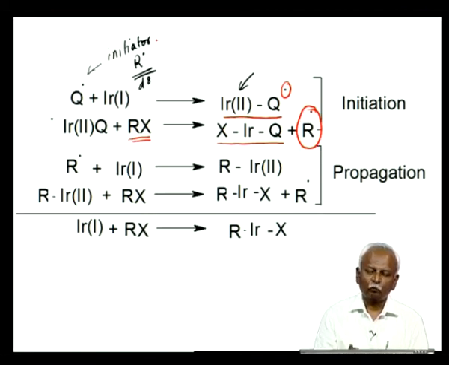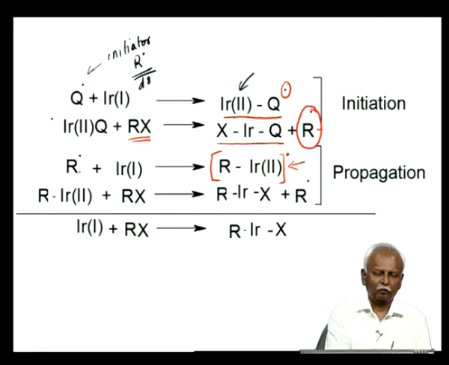So, once you form R dot, then you can write a catalytic cycle, where you would react R dot with iridium 1 to generate the iridium 2 species, R-Ir 2, which again would be a radical species, because you have reacted a radical R dot with an even electron species.